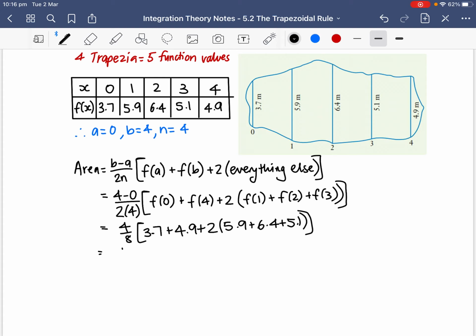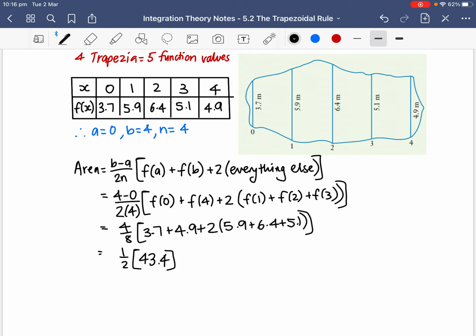And so then we'll have a half times 3.7 plus 4.9 plus 2 lots of 5.9 plus 6.4 plus 5.1. Oops, needed decimal point there. And that equals 43.4.